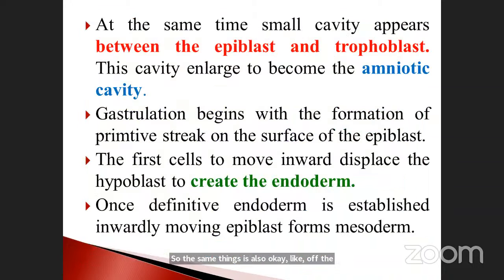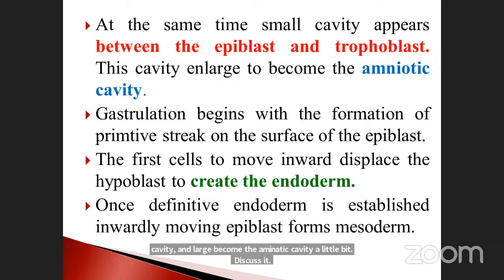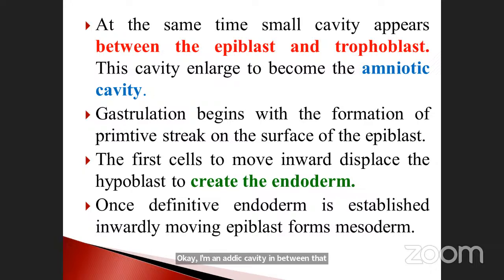At the same time, a small cavity appears between the epiblast and the trophoblast. This cavity enlarges to become the amniotic cavity. Already we discussed it. There are two layers, the outermost layer as well as the innermost layer, and in between there is a space. That space is called what? The amniotic cavity. Gastrulation begins with the formation of the primitive streak on the surface of the epiblast.